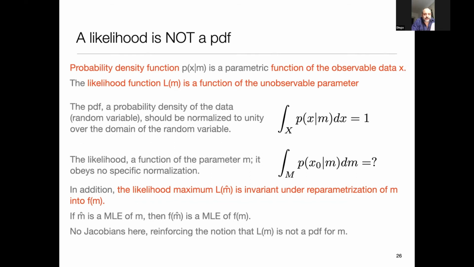And in addition, and that's important, the maximum of the likelihood, so the value of M that maximizes the likelihood, is invariant under reparametrization. So if M hat is a maximum likelihood estimator of M, then if you have a function of M called f of M, f of M hat will be a maximum likelihood estimator of that function.